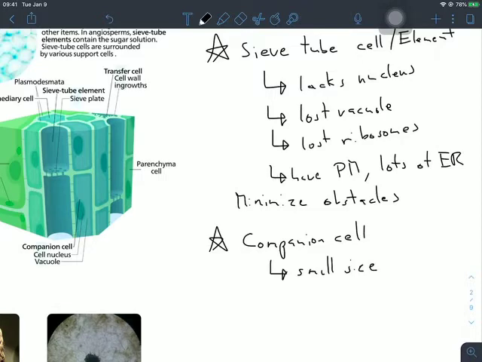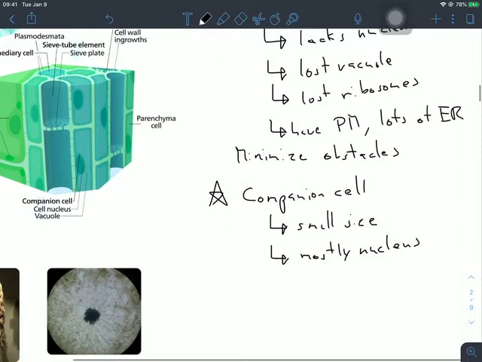And instead of having no nucleus, it is a cell that is mostly nucleus. It has lots of ribosomes. So the pieces that your sieve tube element lacks are expressed twofold in your companion cell.